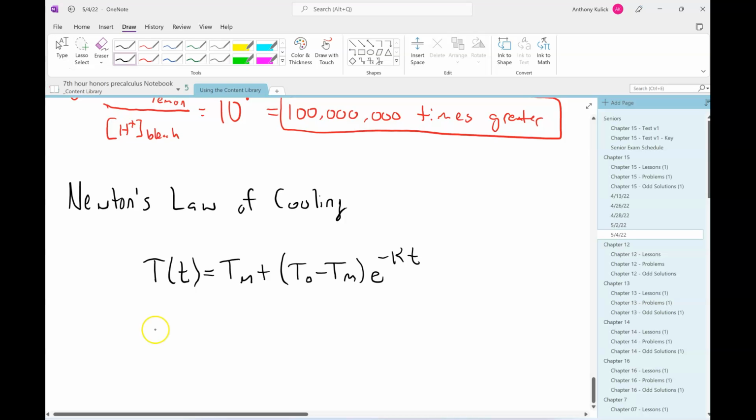All right. So let's see. The T of T is the temperature of a substance T minutes after removal from the heat source.